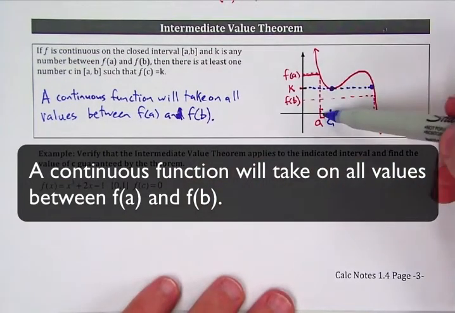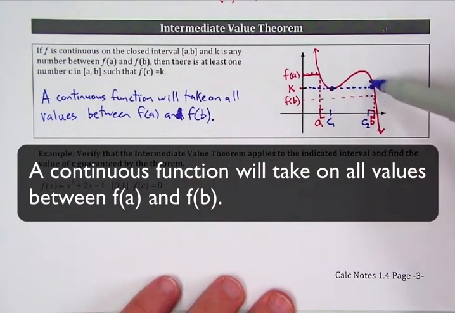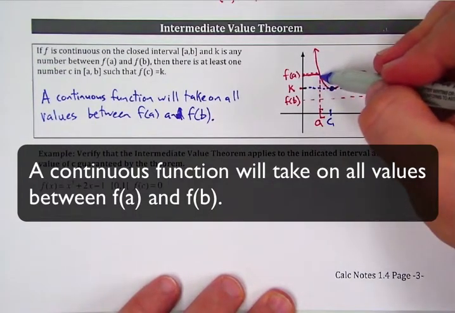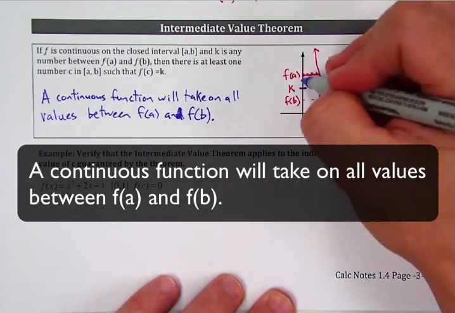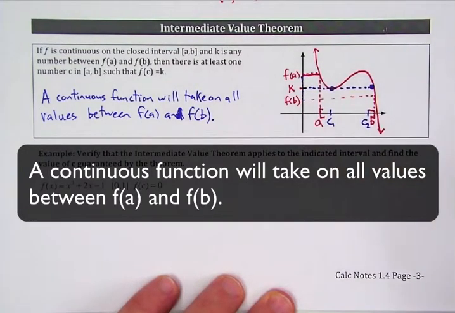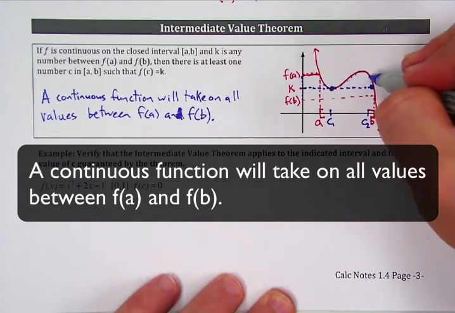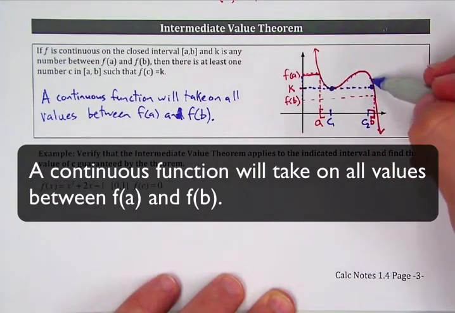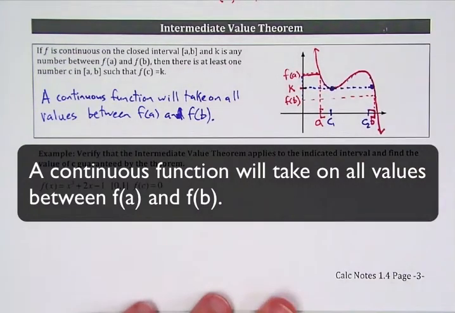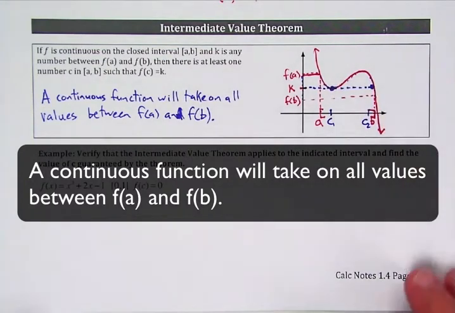So again, it's just saying if we look between a and b, the function is going to take on all the possible values between f of a and f of b. So going in here, we hit every single one along the way. Okay, so if the function is continuous, we know that's true.